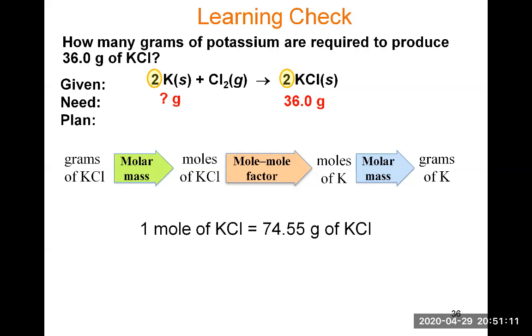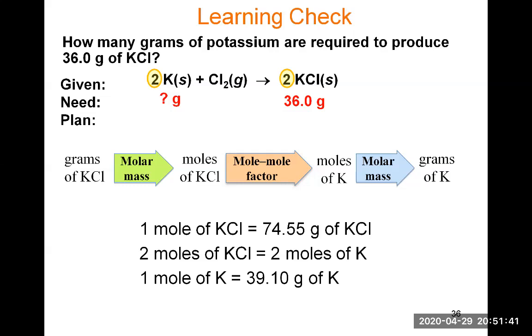Next, you want to find the mole-to-mole factor that relates KCl to potassium, K. This is given by the coefficients of the chemical equation, and here it's 2 and 2. So 2 moles of KCl are produced from 2 moles of K. The last conversion factor is the molar mass of potassium, and this is just 39.10 grams of potassium.